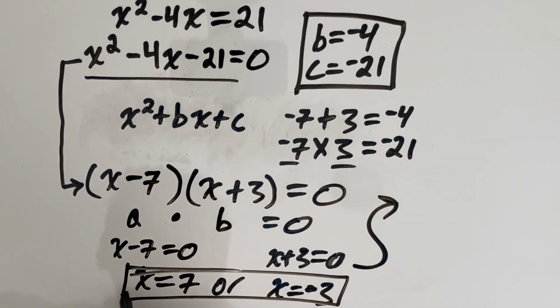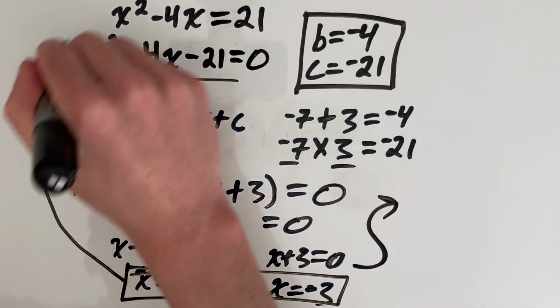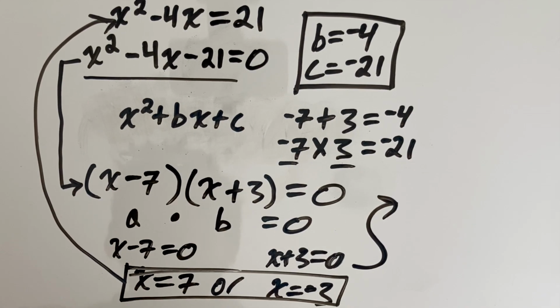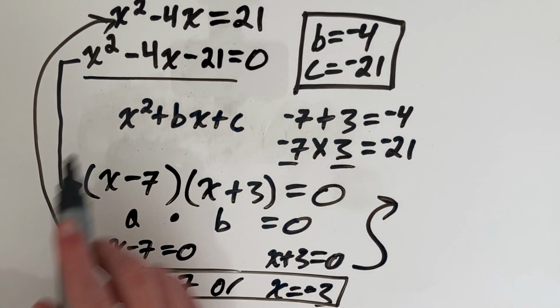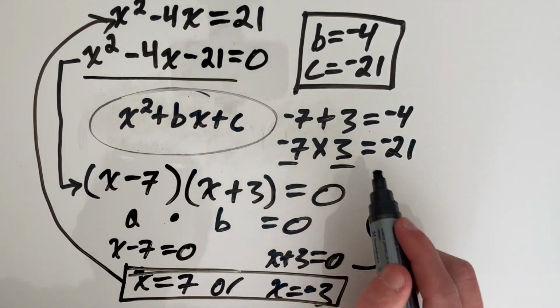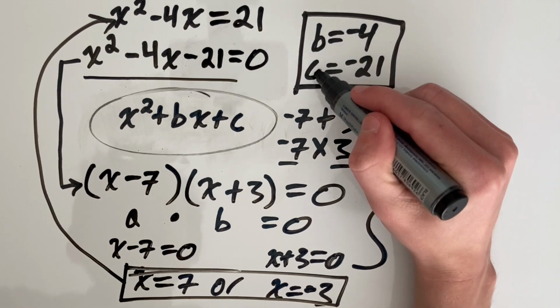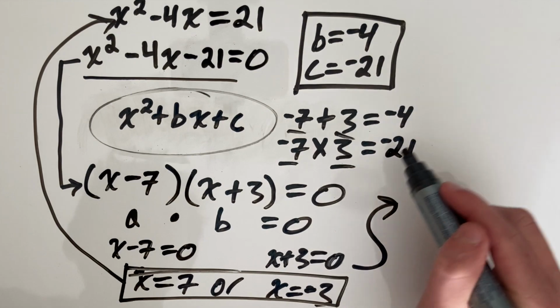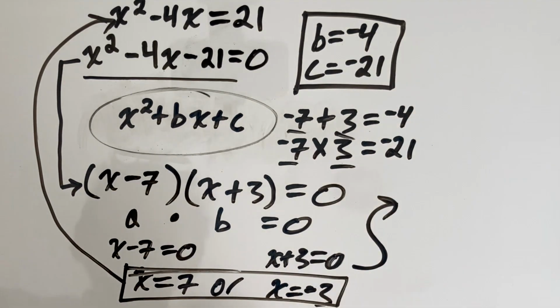Now, if you want to quickly check it in another way, we can plug these back into our original equation. So, for example, 7. 7 squared is 49 minus 4 times 7, which is 28. 49 minus 28 is 21. So, just to recap, you have your equation. Make sure you put it into this form. You recognize your b and your c so that you can find your two numbers that both add to your b and multiply to your c.